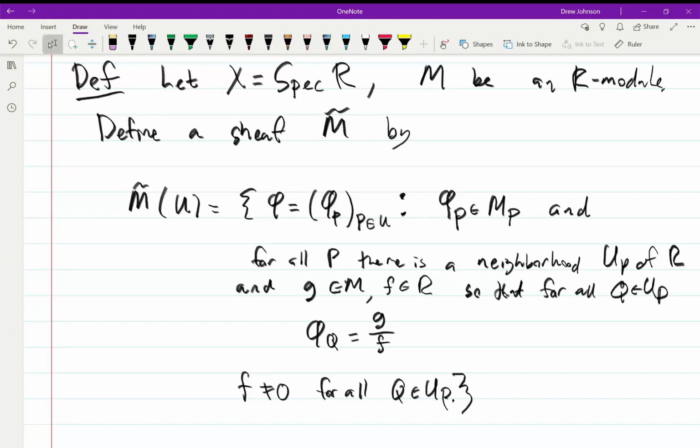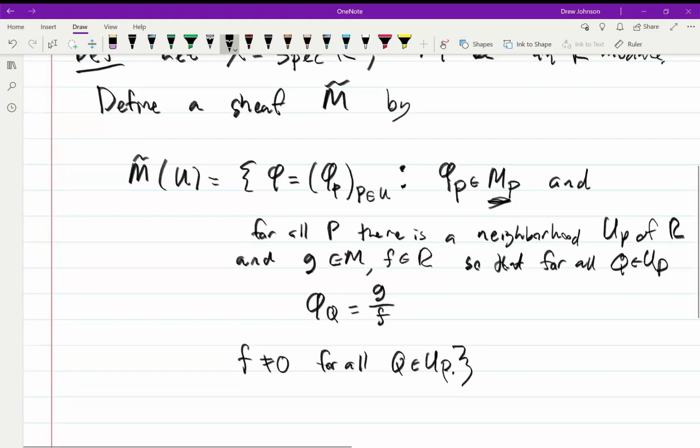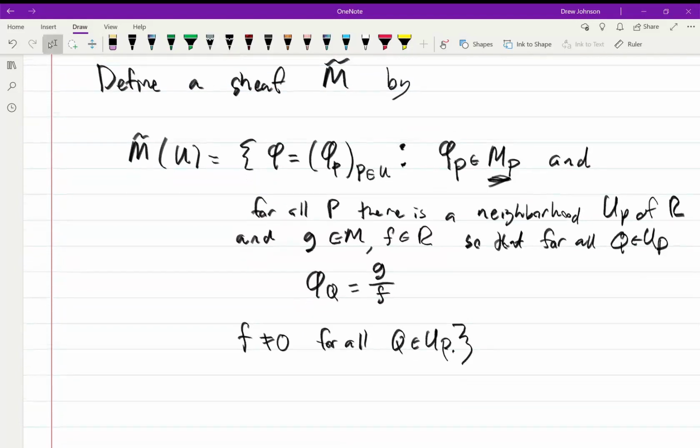Okay, it's easy to see from this definition that M tilde is a sheaf of OX modules. If you want to multiply by a section of OX, you just multiply all the phi's by whatever the section is, and that makes sense because M is an R module. It's easy to see it's a sheaf by this local definition, and in fact, this definition is exactly the same as the definition we gave for the structure sheaf of a scheme if you replace M with R considered as an R module over itself.